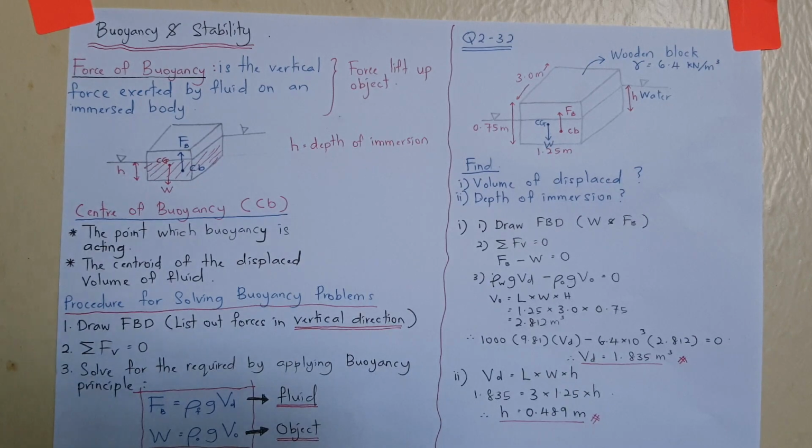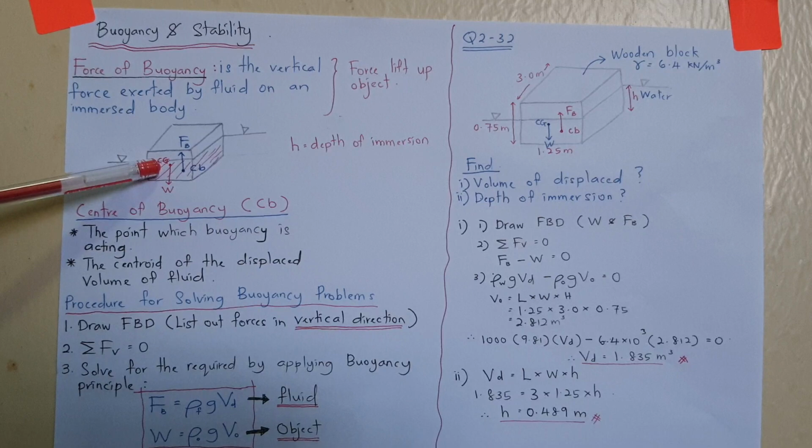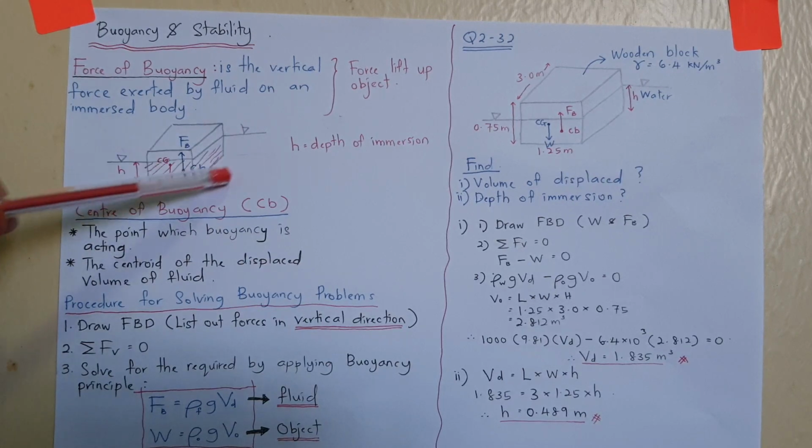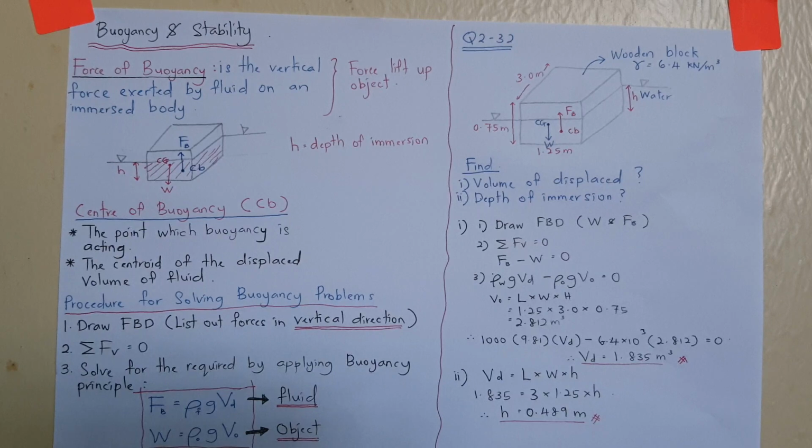What is the volume displaced? This is the volume displaced, meaning the immersed volume. This is a mathematical problem, if you want to calculate the volume displaced. If it is a cylinder, use pi d squared over 4 times height. If it is a cuboid, length times width times height. It's a mathematical problem.